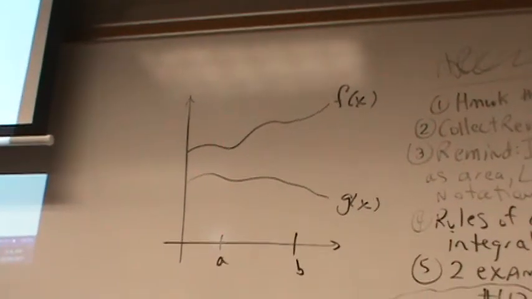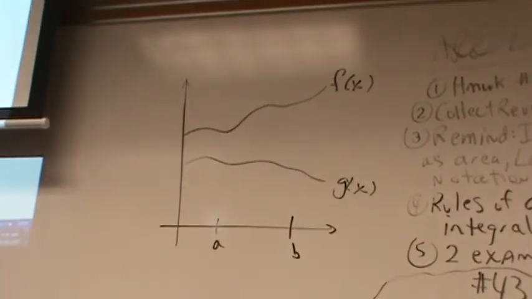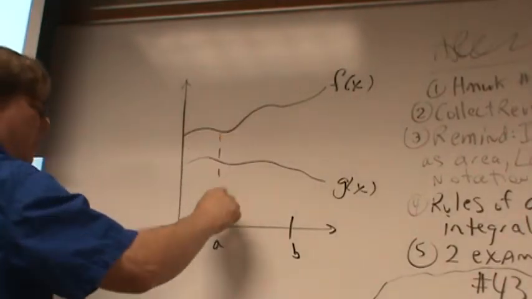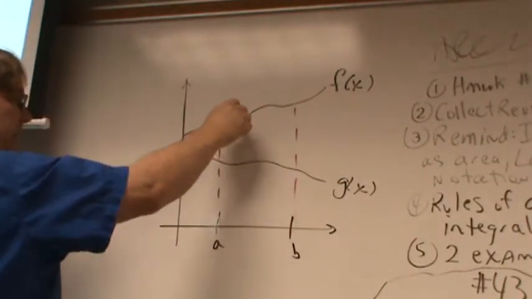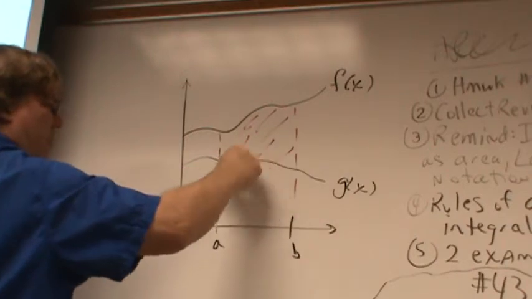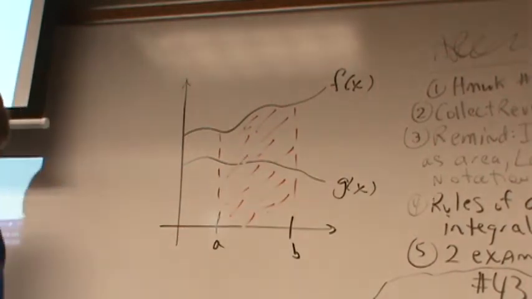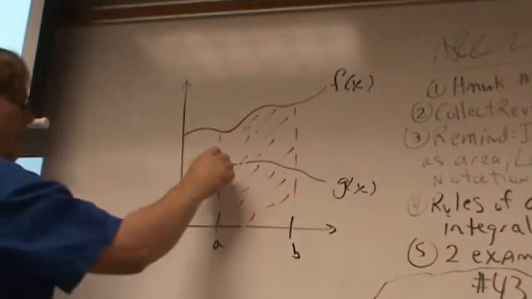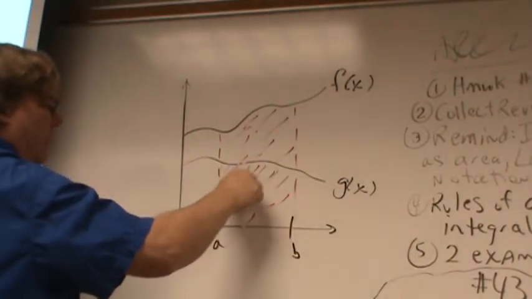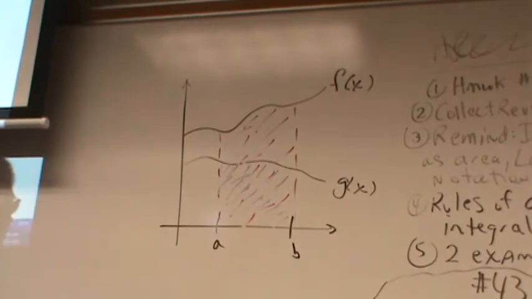Are you guys okay that what Lauren says is correct? The area under the graph of f of x is going to be greater than the area under the graph of g of x if f of x is bigger than g of x, if f of x dominates g of x. You guys okay with that?